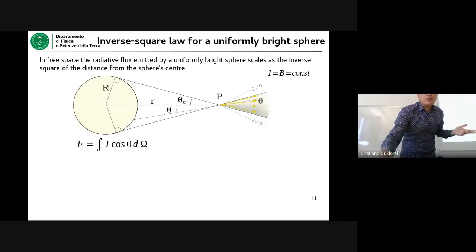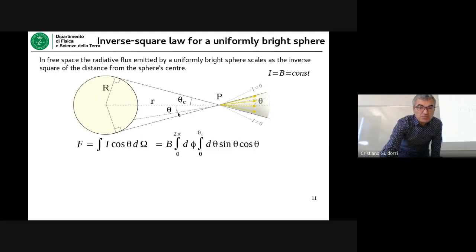Okay, so let's apply the definition of flux: the integral over d omega of I times cos theta, where theta is the angle between the radial direction, because of the way I chose my surface element, and the generic direction. So theta is this angle here, or equivalently this angle here.